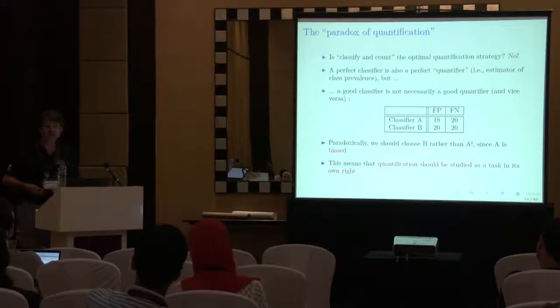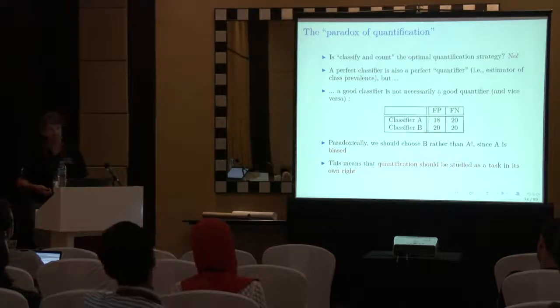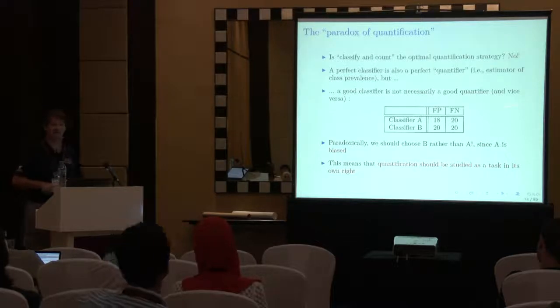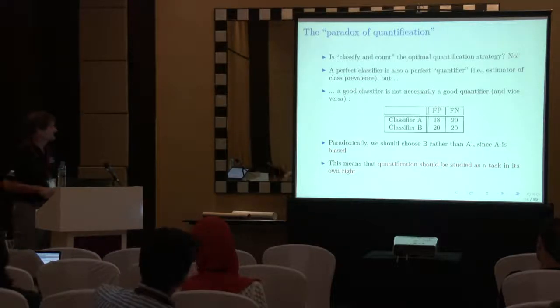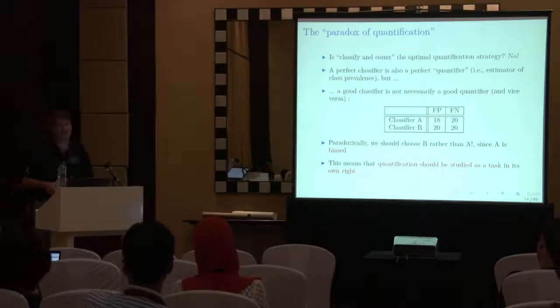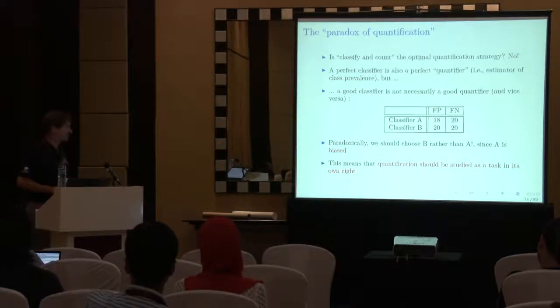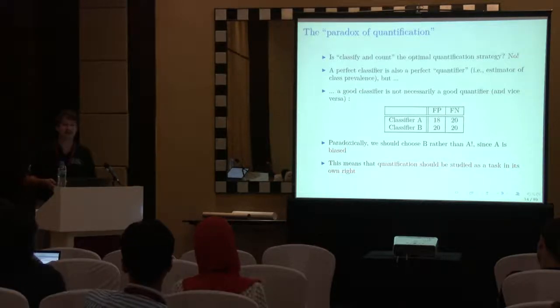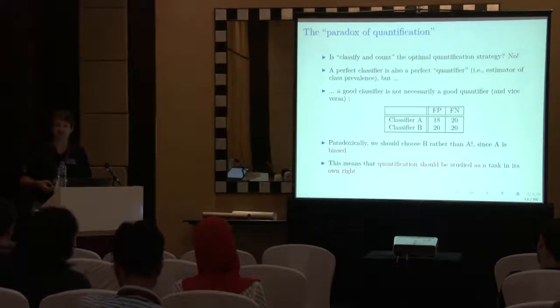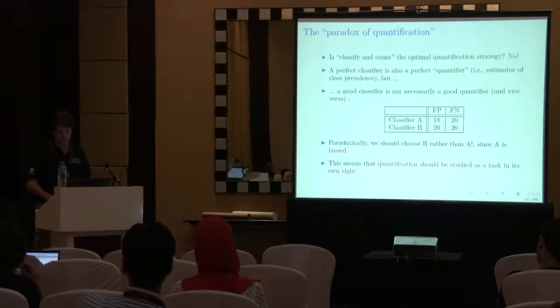False positives and false negatives cancel each other out when it comes to computing class prevalences. So it's a bit paradoxical that a classifier with a smaller classification accuracy can have higher quantification accuracy. I want to leave this paradox open, but to me, this means, at the very least, that quantification should be studied as a task in its own right and not simply be considered as a byproduct of classification.